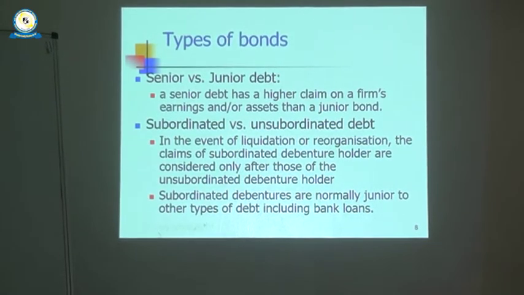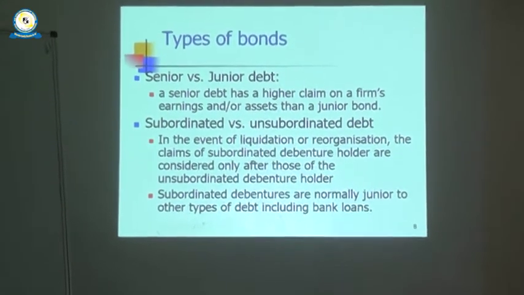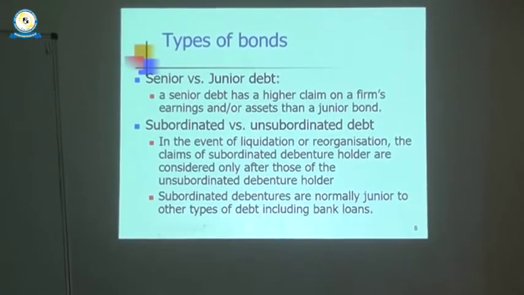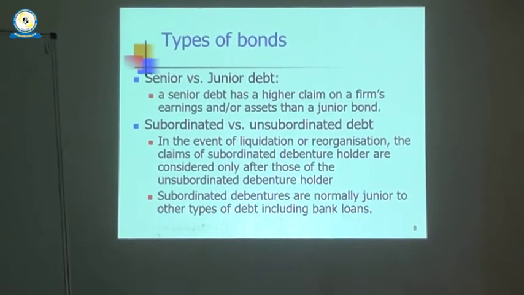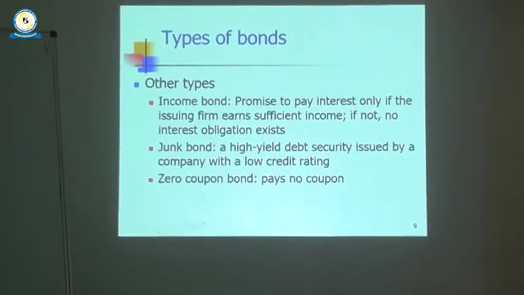Now, for subordinate bond, in the event of liquidation or reorganization of the firm, the claims of subordinate debenture holders are considered only after those of the unsubordinated debenture holders. Subordinated debentures are normally junior to other types of debt, including banking loans.